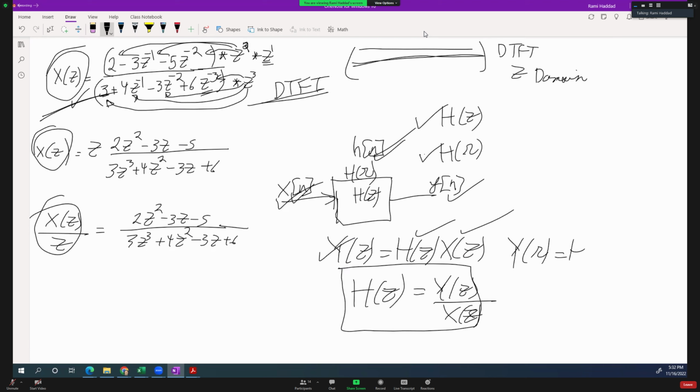Y of omega is H of omega times X of omega, or H of omega is basically equal to Y of omega over the X of omega, as we explained in the class. So it's not any different. It's just application of that, being able to understand this and leverage that to help do the analysis of systems, which is basically why we have gone through the whole process of explaining all these different transforms.